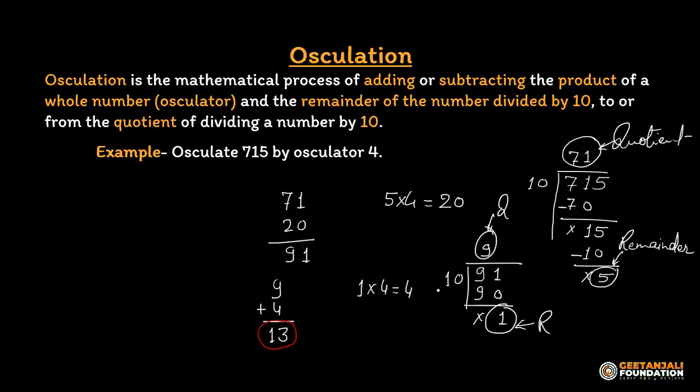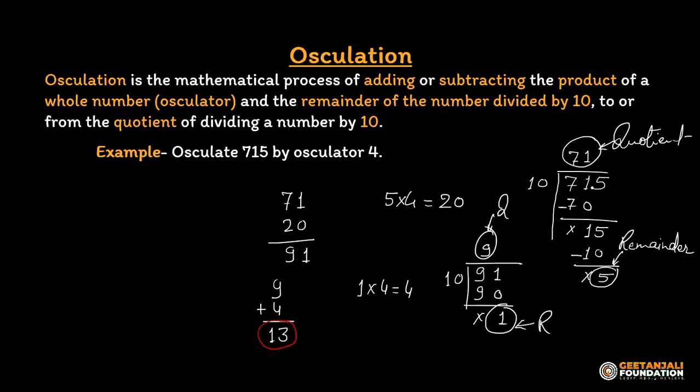But whenever you do this osculation process, you don't need to do all these exercises, because when you divide a number by 10, if the unit place digit is 0, it is completely divisible by 10 and you don't get any remainder. But if it is any other digit other than 0, that digit will always be your remainder, like here it was 5, here it was 1.